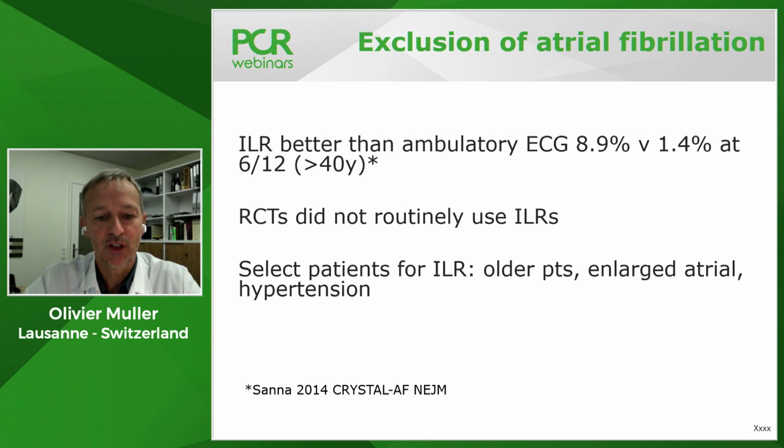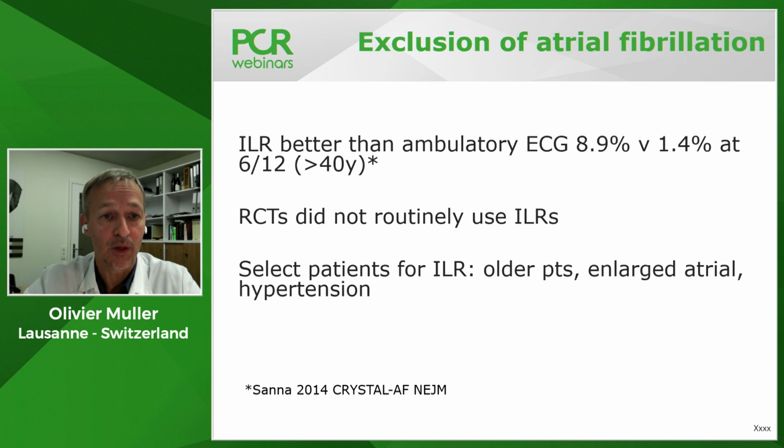So we have not only to just have the idea of the implantable loop recorder, but we have to look into the data of the implantable loop recorder. When you look into the data, it might be a little bit more confusing than it looks like. So I think that you have to use the ILR in a very specific population where the chance to find AF is higher than normal.